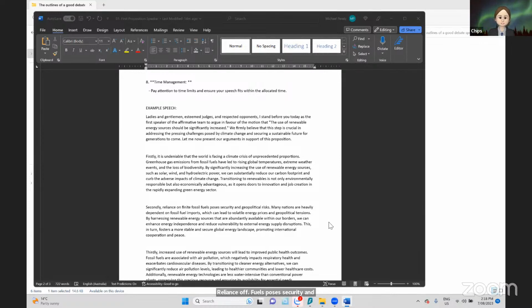Many nations are heavily dependent on fossil fuel imports, which can lead to volatile energy prices and geopolitical tensions.